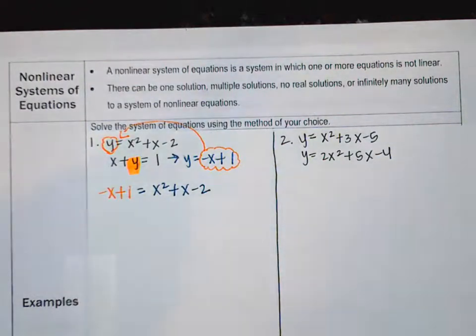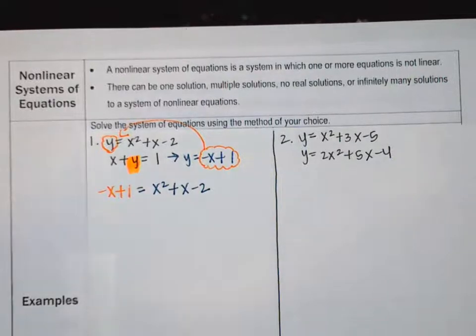Now we know whenever we have a quadratic, meaning x squared, or really anything higher than a quadratic, whenever you have an exponent on x, you want to move everything over to one side and solve by quadratic formula, factoring, one of those.